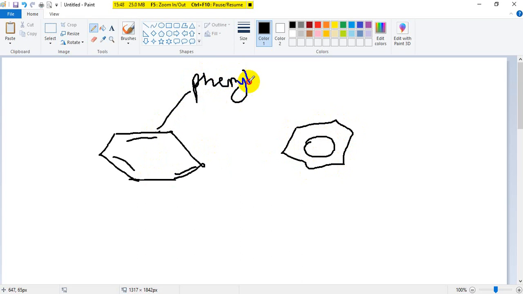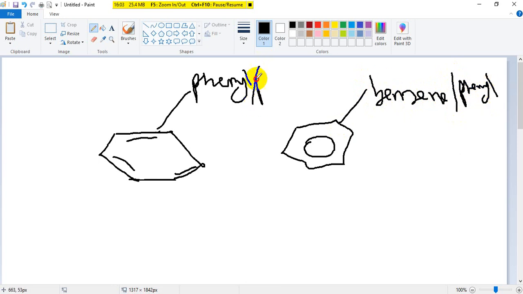Phenyl group or benzene is the same. It is also called an aromatic group.